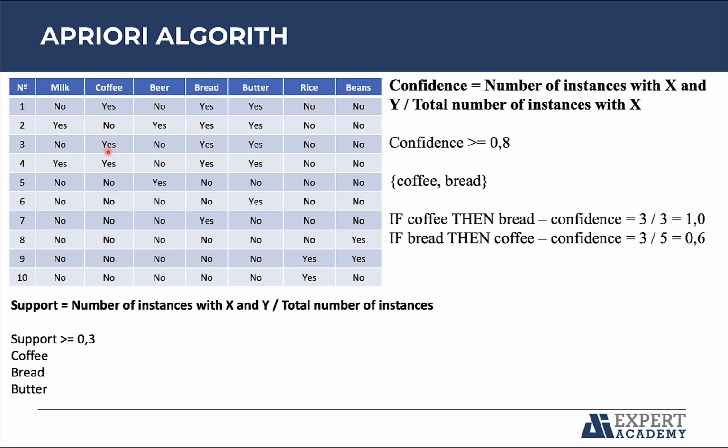Bread and coffee are bought together, divided by the total number of instances with X. X in this example is bread. We can see here 1, 2, 3, 4, 5 times. 3 divided by 5 is equal to 0.6. So we can conclude that if bread is bought, then coffee is bought in 60% of the transactions.